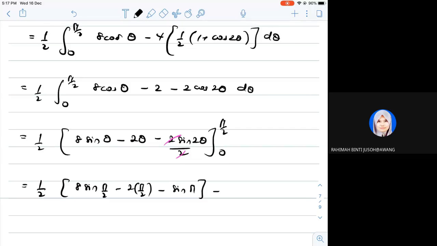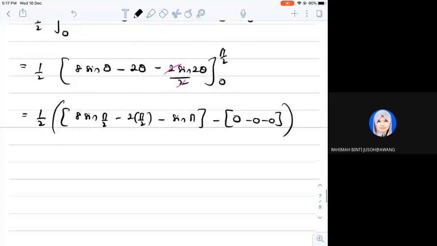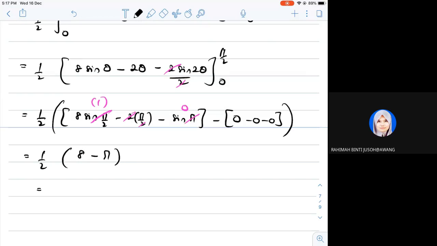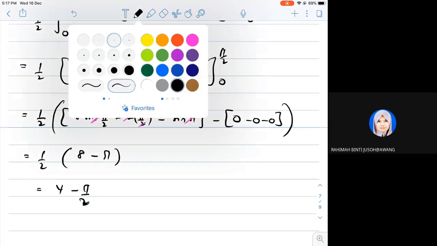Of course, when we substitute everything with 0, it becomes 0. Minus 0. Okay, so we will have here is 1. This can be cancelled. Sine pi is 0. 1 over 2, 8 minus pi. So we have 4 minus pi over 2. Okay, this is the answer.